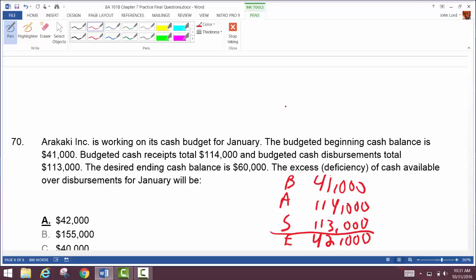Let's say they said they wanted 60,000 in cash at the end. What would you do? Subtract 60,000 from 42,000. Okay, I set it up like this, but you could do it either way. 60,000 is what they want at the end, right? And 42,000 is what they got, right?